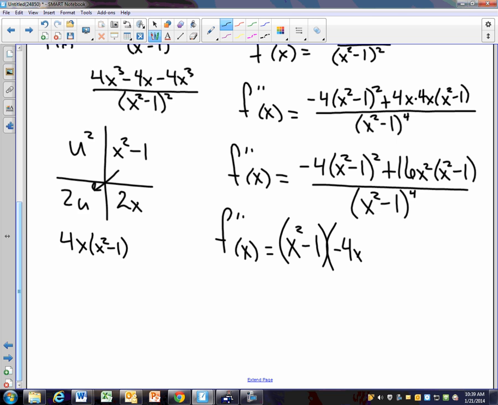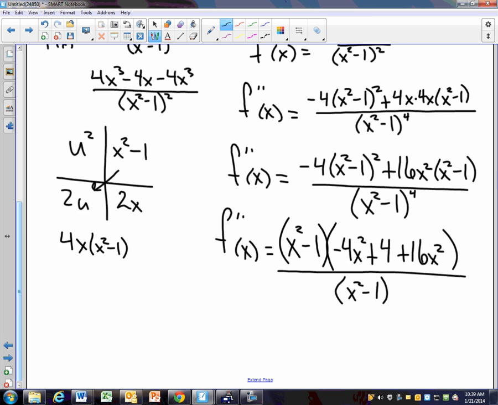So -4x squared plus 4. Plus 16x squared all over x squared minus 1 to the 4th. What do you do with your x squared minus 1s?